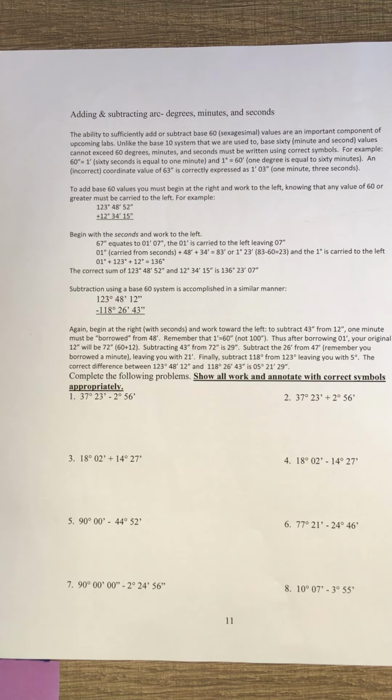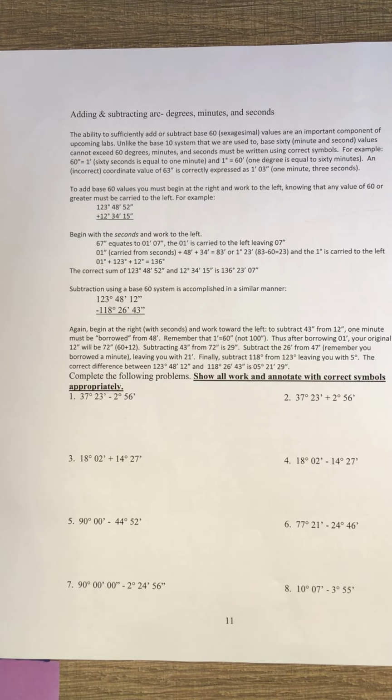In order to borrow 1 degree, we're going to be adding 60 minutes to this 23. So 60 plus 23 equals 83, right? So that 23 is now going to become 83, which is going to turn into 83 minus 56.